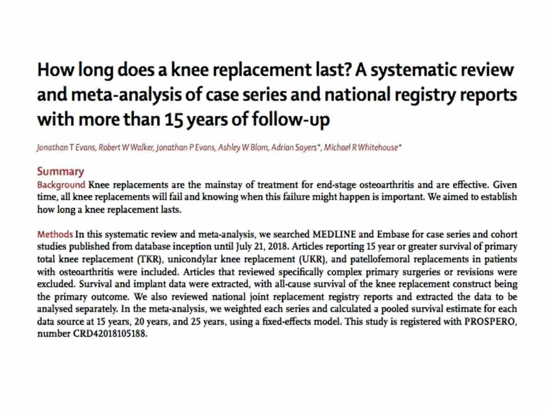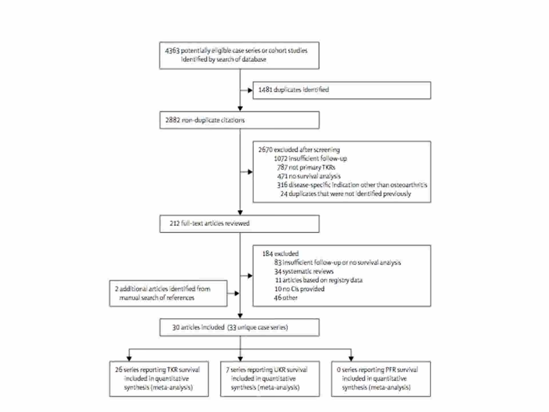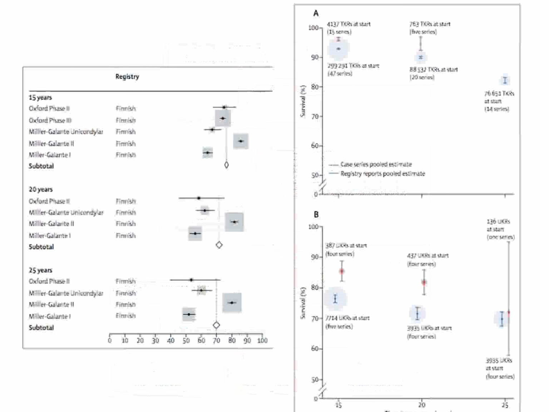The next paper is the same study in terms of knee replacement. And I would have bet that knee replacement does less well than hip replacement. Well, I'm wrong there. So here are 4,000 studies that were reviewed in this meta-analysis.